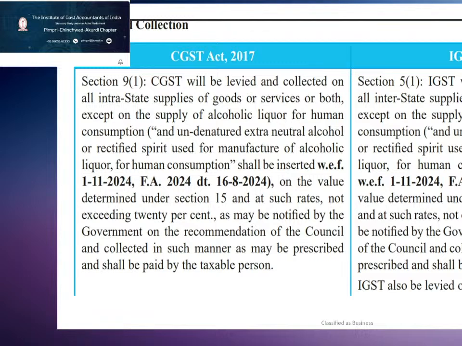Then in the tax point, the registered person is not eligible to opt for the scheme unless all registered persons having the same PAN opt to pay tax under the scheme. That is, all registered persons having the same PAN must opt for the composition scheme. Then we have, okay, section 2A is also similar.